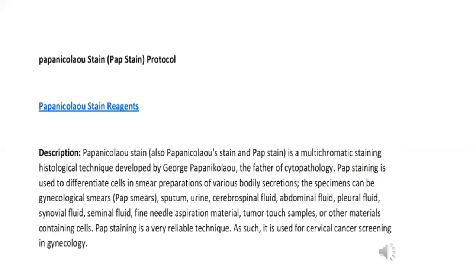For the PAP stain, the specimens we use are gynecological smears, also known as PAP smears, sputum, urine, cerebrospinal fluid, abdominal fluid, pleural fluid, seminal fluid, fine needle aspiration material, or other materials taken by the FNAC technique. PAP staining is a very reliable technique, as it is used for cervical cancer screening in gynecology.